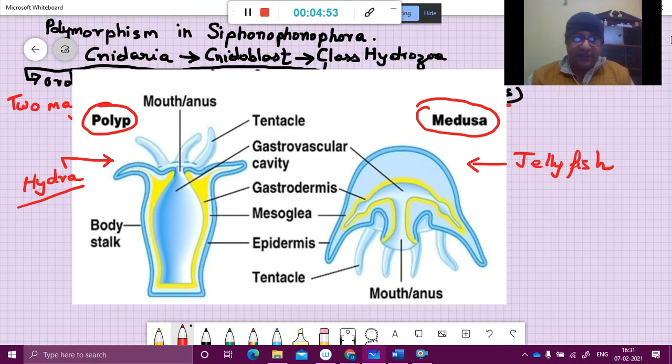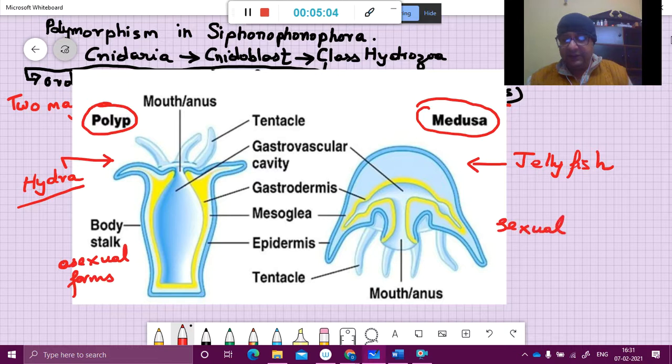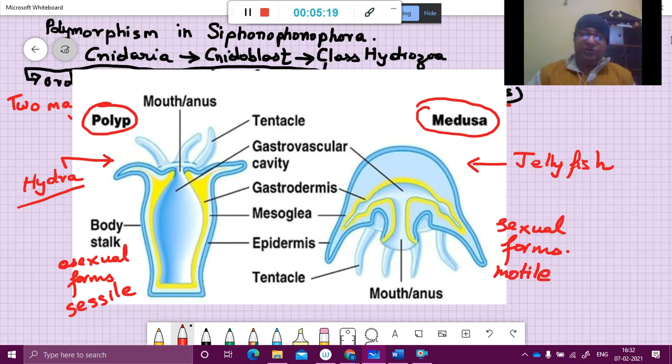Normally these forms are asexual forms and these are sexual forms. These forms are sessile, that is they are fixed in one place, and these forms are motile, that is they move about.